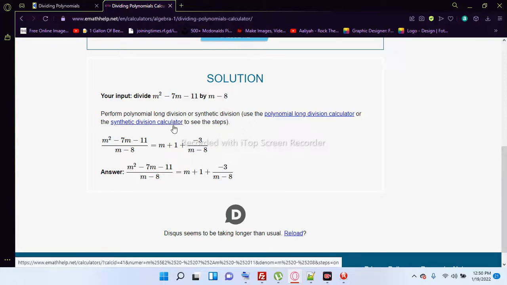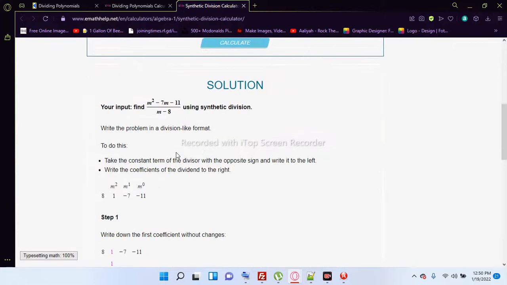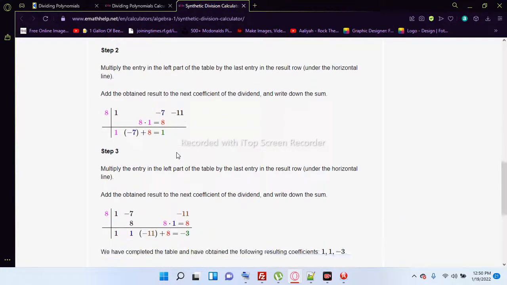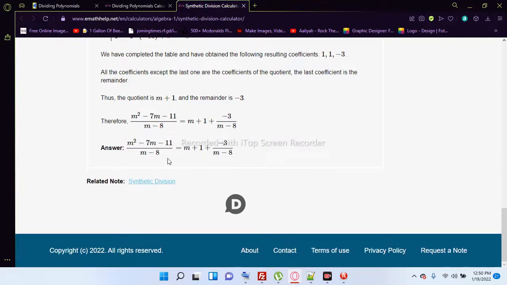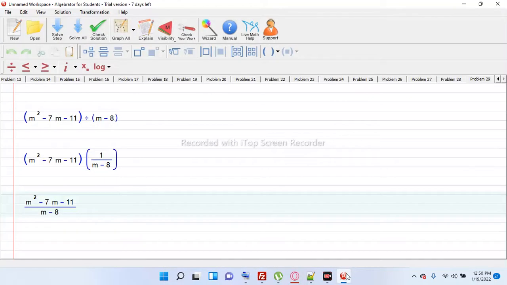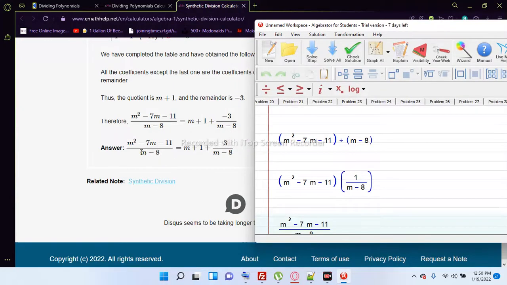So that, see steps. Let's see, and m plus 1 plus, I don't know, synthetic. M squared minus 7. Yeah, there it goes. Answer. Yeah, that's to show you the different steps.